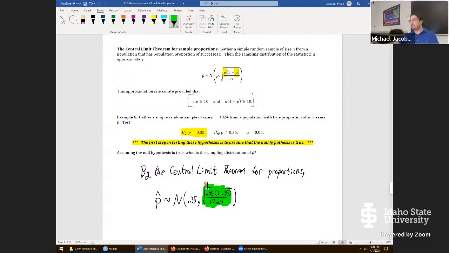There's no extra approximations. So the big gist of this problem is when H naught is true, which we always assume true as the very first step in hypothesis testing, the exact value of the square root of P times 1 minus P, divided by n, is known. And to go off a comment that Hannah was mentioning, this one would have a nice symbol.